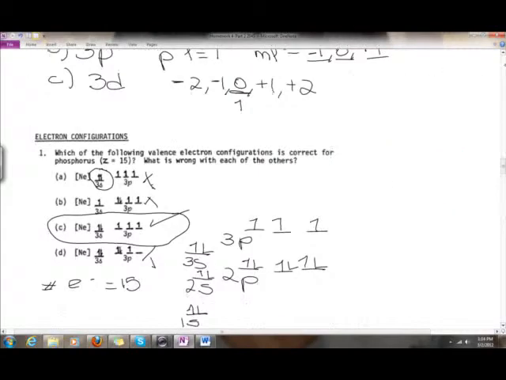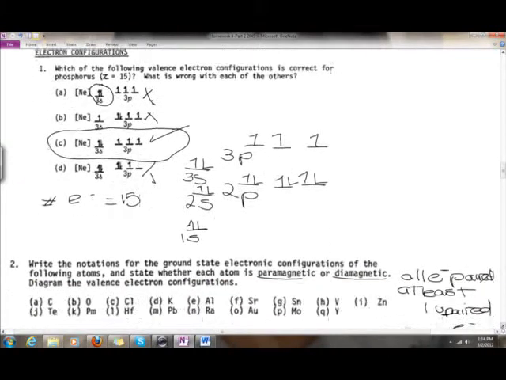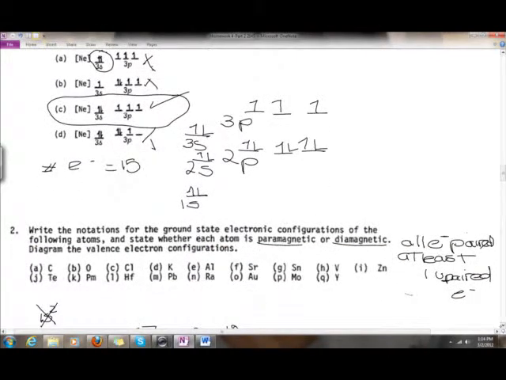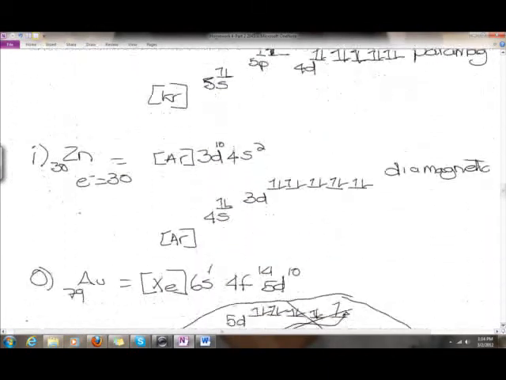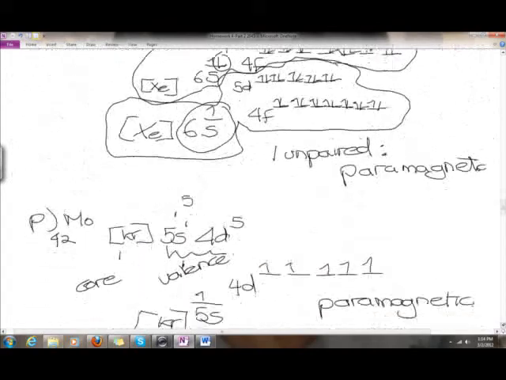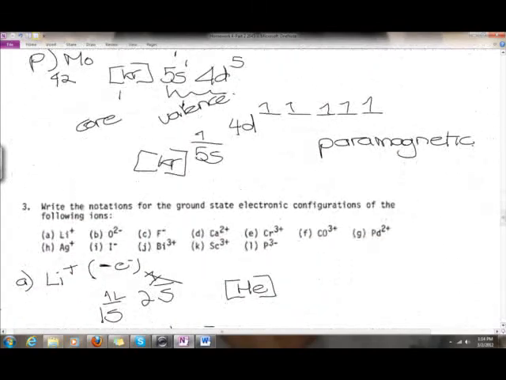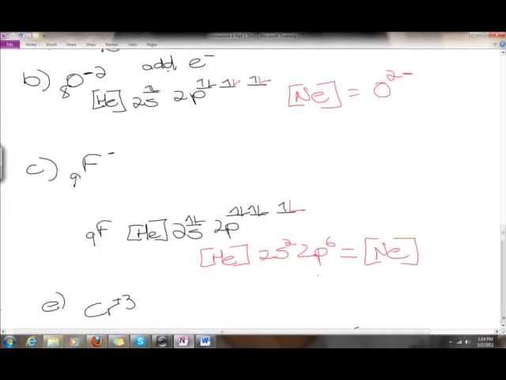Let's look at the charge of the ion, and we have +2, lost 2 electrons. So which one do you think is going to lose first?